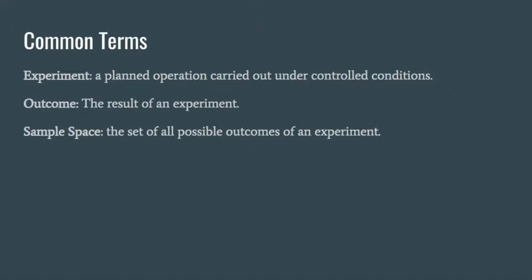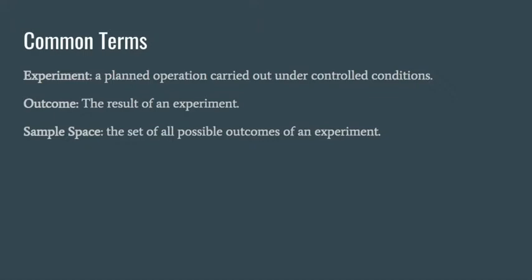So this word outcome has a specific connotation when we talk about probability, and that is that the outcome is the overall result of an experiment. Okay, we're going to see in a minute we have events and we have outcomes. Outcomes are typically more complex. It's talking about the full end result.